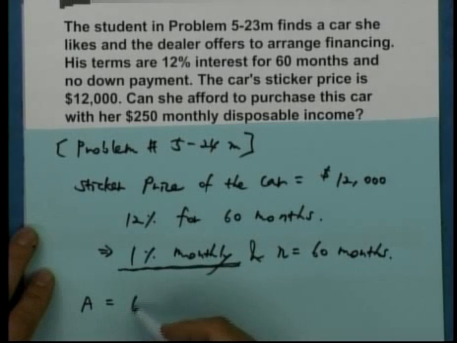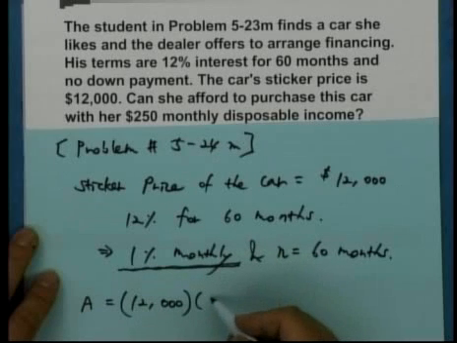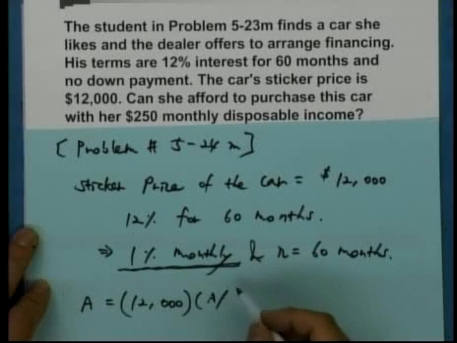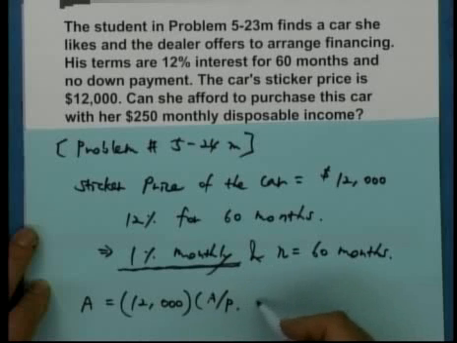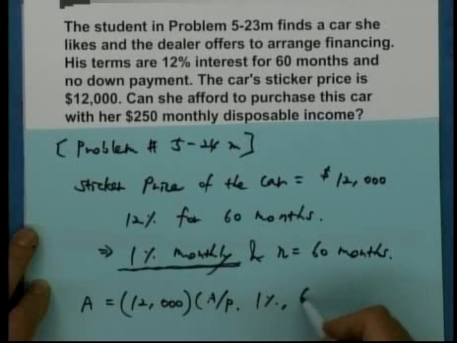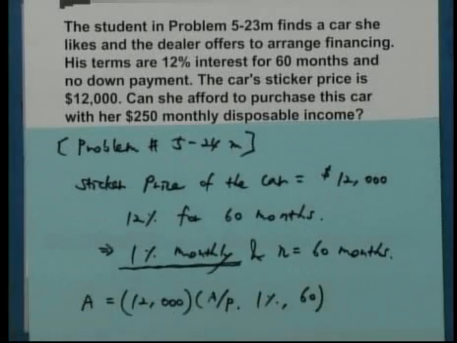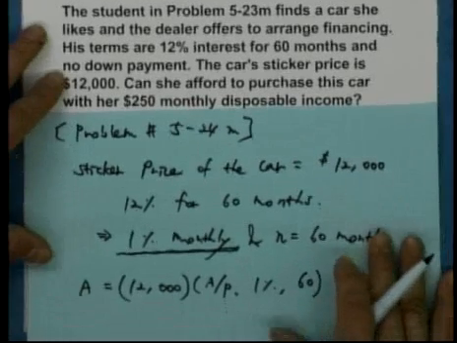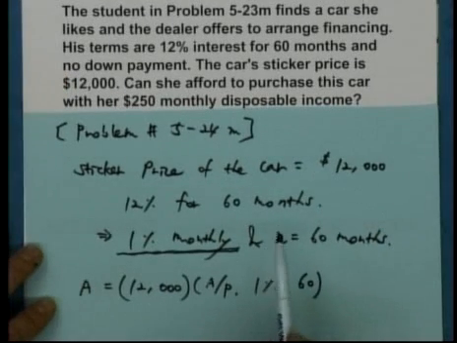Her monthly payment is $12,000 times A given P, right? And 1% over 60 periods. So is that correct? Okay.